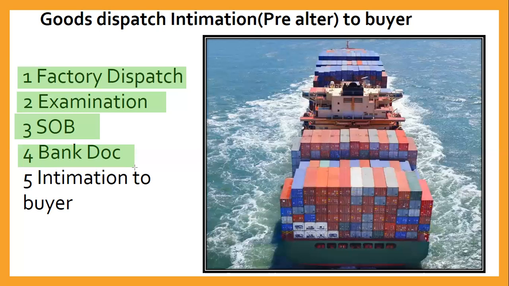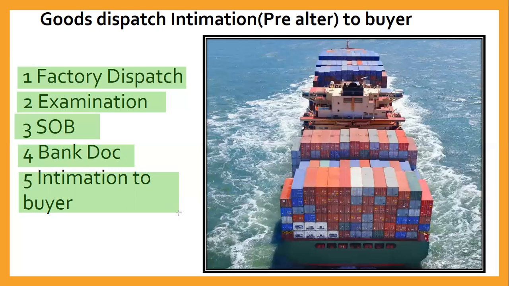So how can we share the intimation with the buyer? We need to share the details of the shipping line, like the shipment SOB date, port of discharge date and final destination date, that is, the ETD and ETA, estimated time of arrival. We need to share this with our buyer.